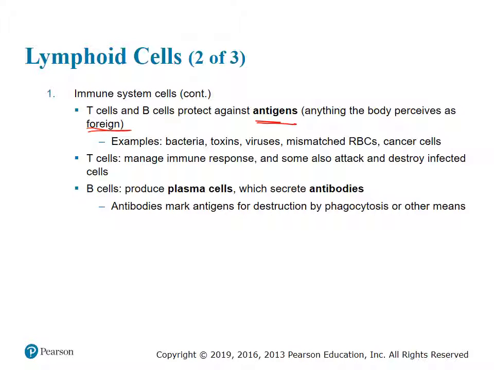And when we receive the foreign thing, then the B and T cells will act on it. They want to get rid of it. They want to isolate it, neutralize it, kill it, destroy it, in fact. The T cells are the managing cells of the immune system response.